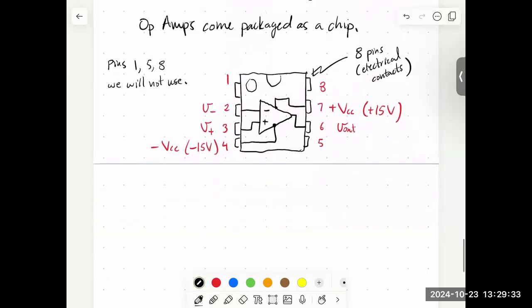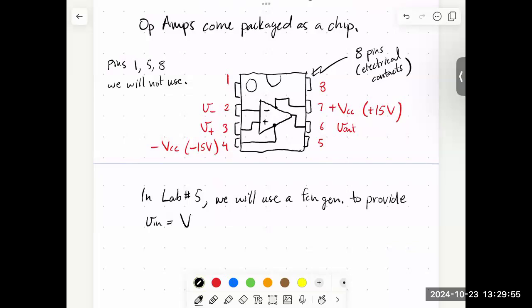So let's talk about what you're actually going to measure. In lab number 5, we will use a function generator to provide Vin.